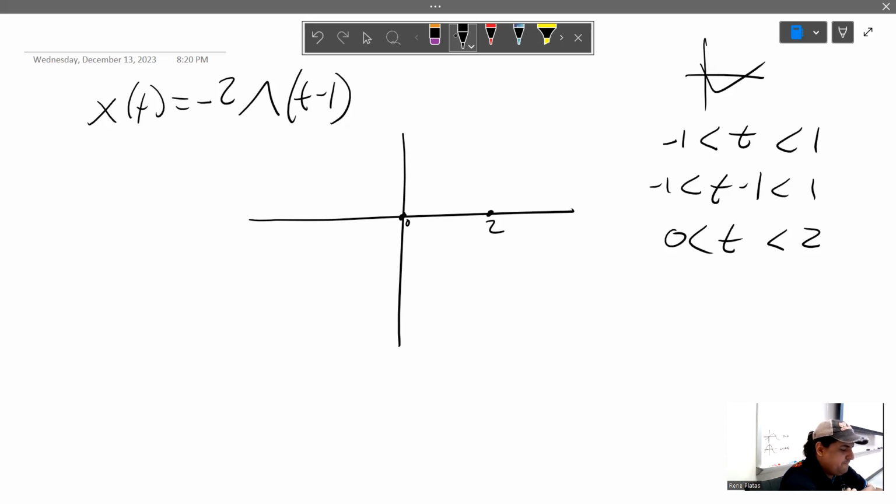The amplitude is 2, and it's a negative, so it's gonna look like this. Right? Make sense?